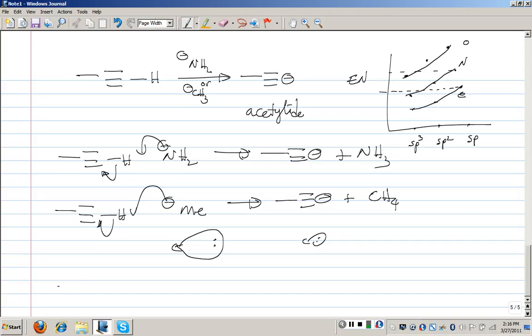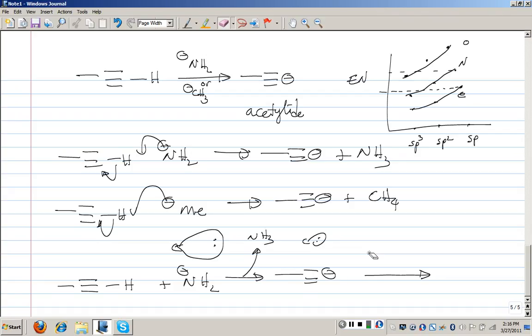So going back to the first part, the alkyne reacts with NH2 minus or with CH3 minus, gives rise to the acetylide. That's the acid-base reaction, and I'm going to lose in the process ammonia. Then I can take advantage of a second acid-base reaction and treat the acetylide with D2O or T2O.